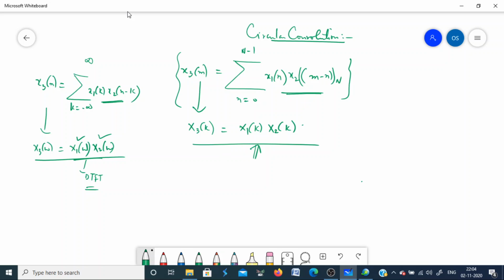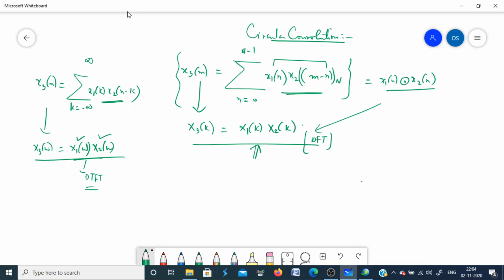But in time, if you find the circular convolution, we denote it like this: x1n circular convolution with x2n. If you find the circular convolution of two signals in time, in the frequency domain the DFTs are multiplied. Okay. So to find the circular convolution of two signals, you have to use this equation.